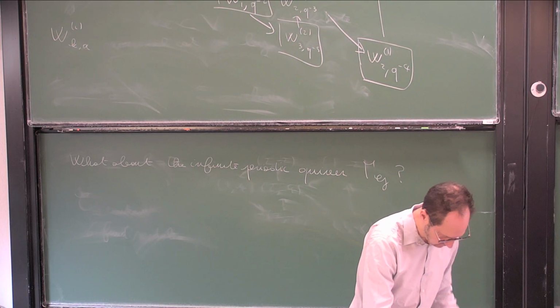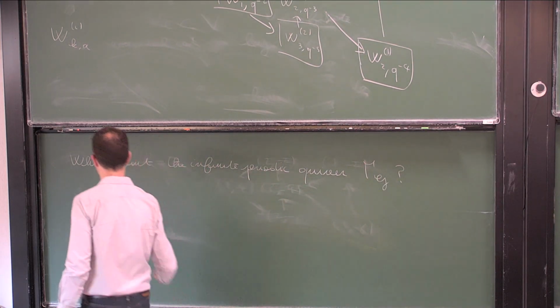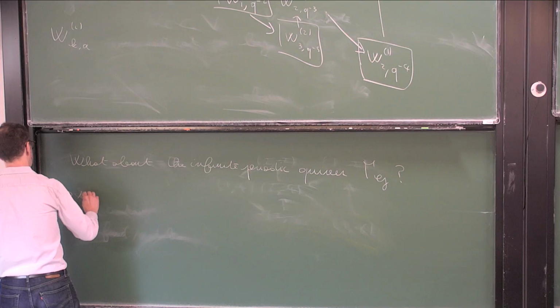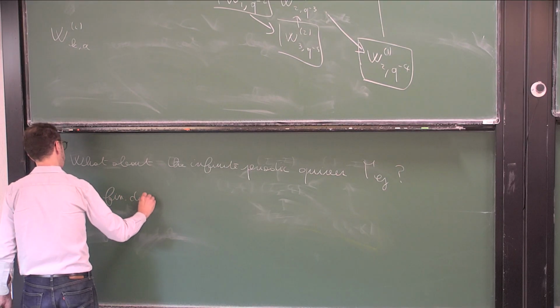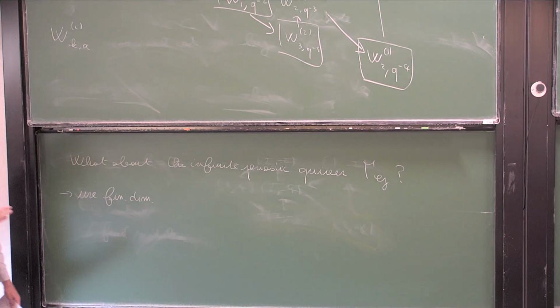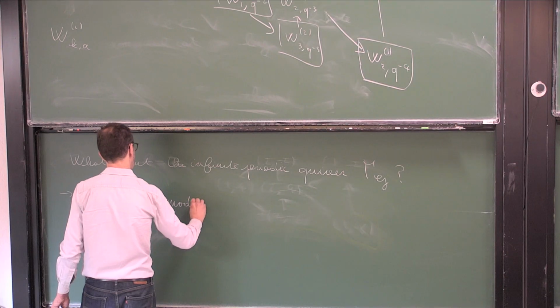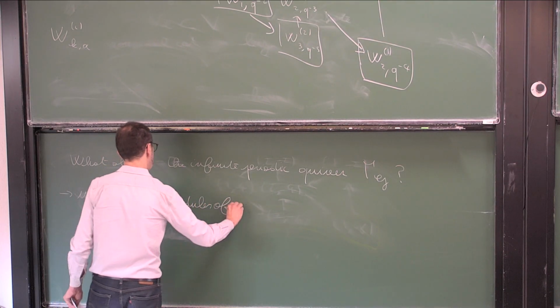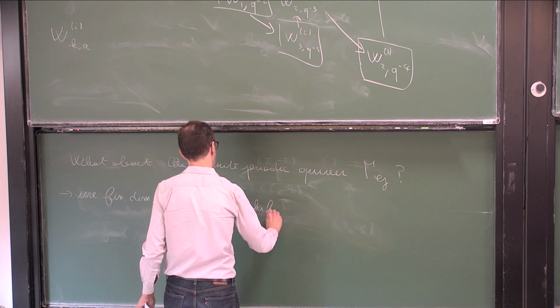So that's what I want to discuss now. So finite dimensional modules again. Maybe tomorrow I discuss the category O, but let's start with finite dimensional modules of shifted quantum affine algebras.